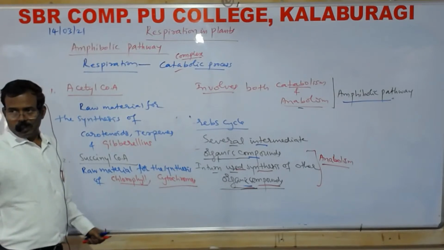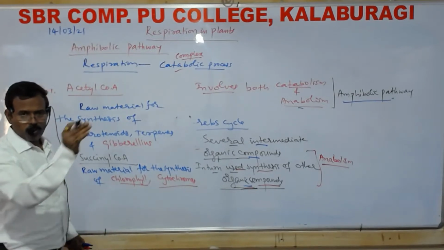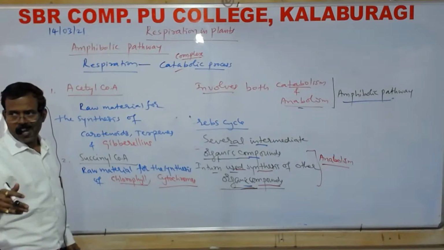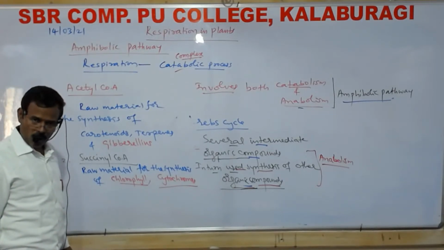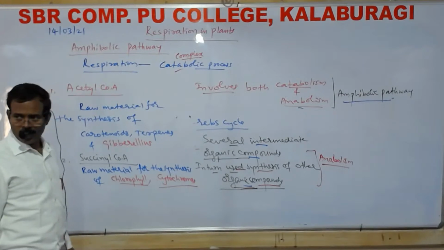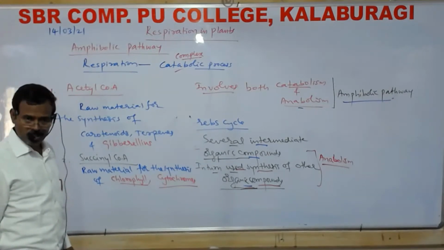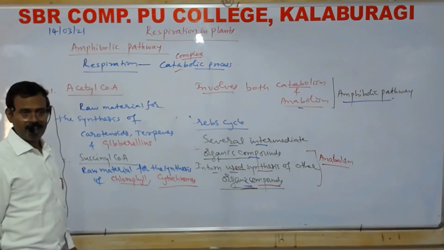Cytochromes of the electron transport system: cytochrome B, cytochrome C1, cytochrome A, cytochrome A3. Different types of these cytochromes we have come across, which are situated on the inner membrane of the mitochondria, on the cristae, and act as electron carriers.